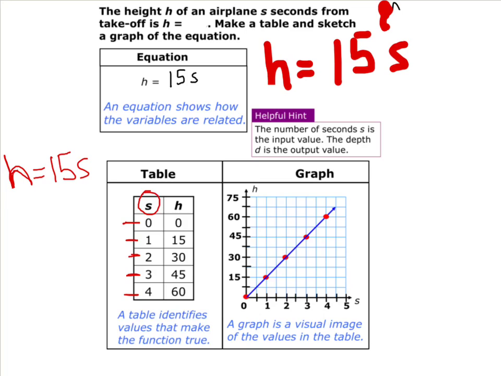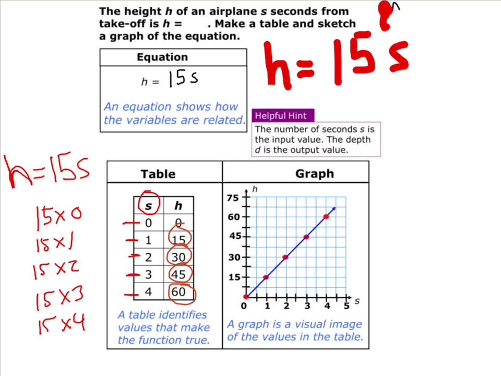So whenever I substitute 0 in there, 15 times 0, and then 15 times 1, and then 15 times 2, and then 15 times 3, and 15 times 4, gives me these values in my table right over here.